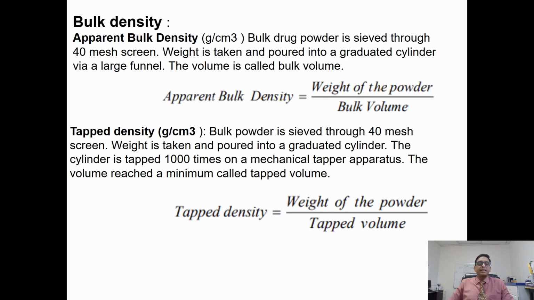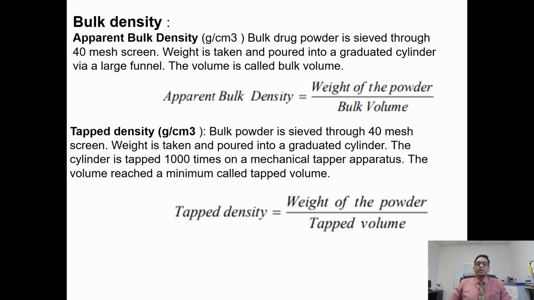The next parameter is the tap density, in grams per cm cubed. The bulk powder is passed through a 40 mesh screen. A weight is taken and poured into a graduated cylinder. The cylinder is tapped 1000 times on a mechanical tap apparatus, and the minimum volume reached is noted.